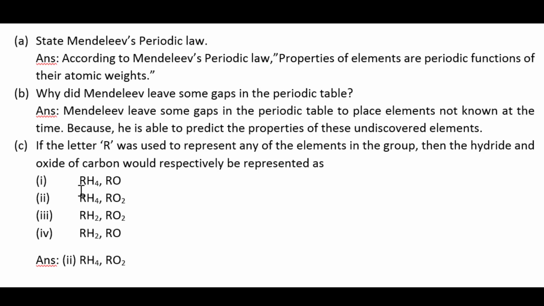Here R is any element in the group, and for carbon the answer is RH4, RO2, because R is carbon. To fulfil the valency of carbon, 4 hydrogens are required, therefore this will be CH4, meaning RH4, and RO2, CO2. Have you got it?